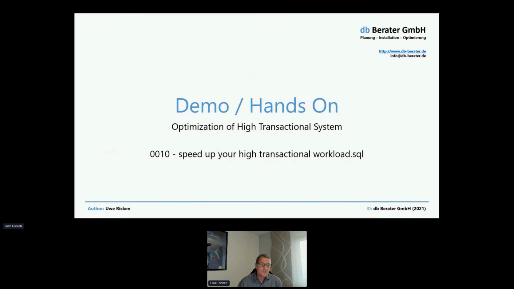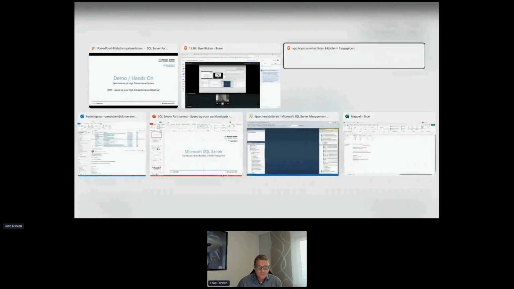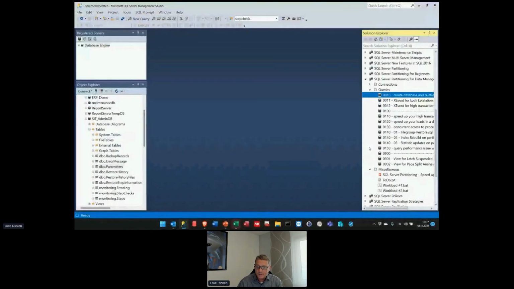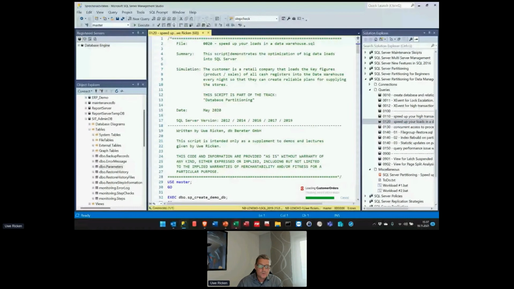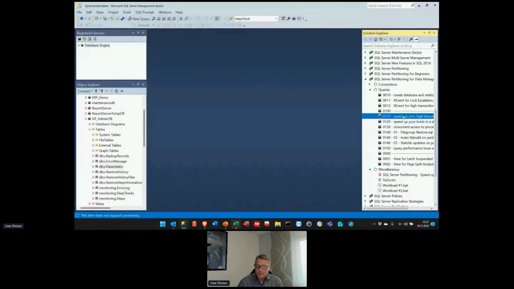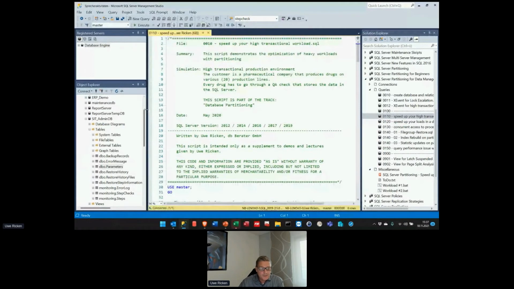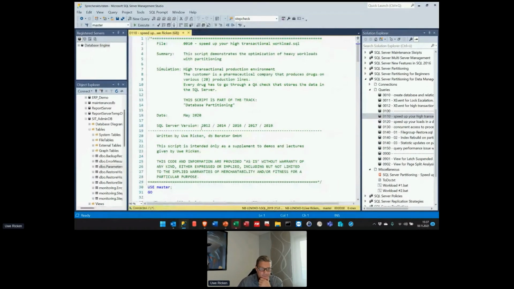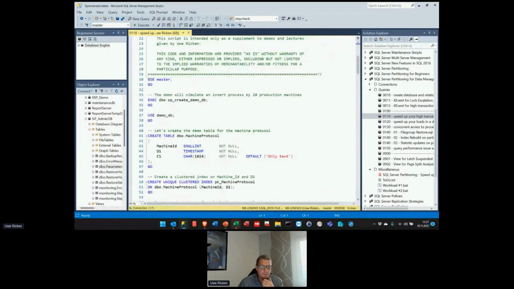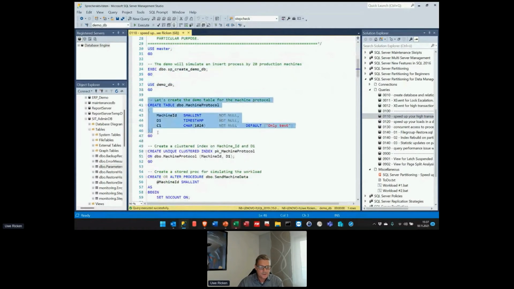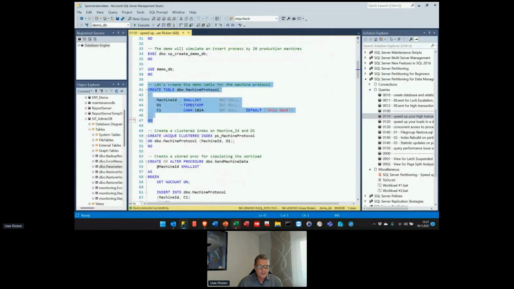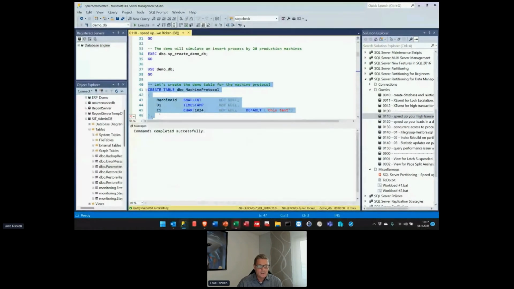So let's see how we resolve this issue. Therefore, I go over into my demo environment. Sorry, this is the wrong one. But here we come with this. This script will take you step by step through what we are doing in detail. First of all, I create my demo database. This is just a simple database, no special things, just one database file. Here I create my table for the Q&A information, and you can see the machine ID, then the timestamp, and this column which stores the Q&A data.